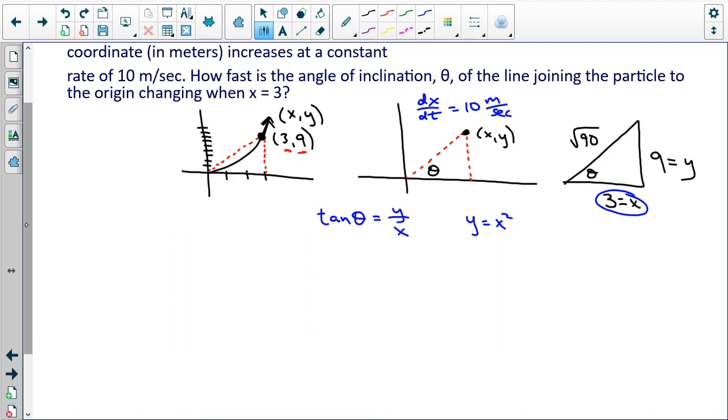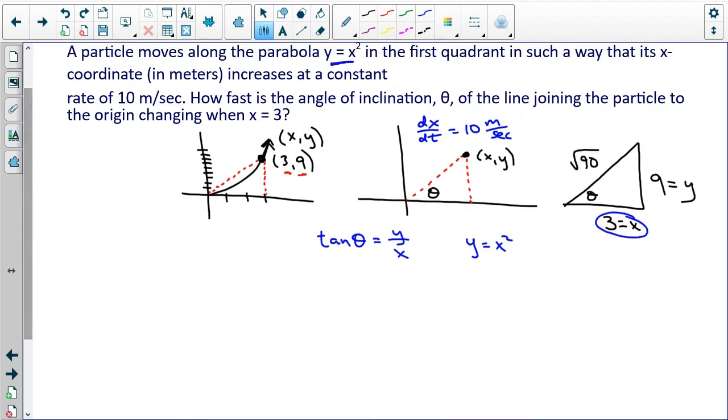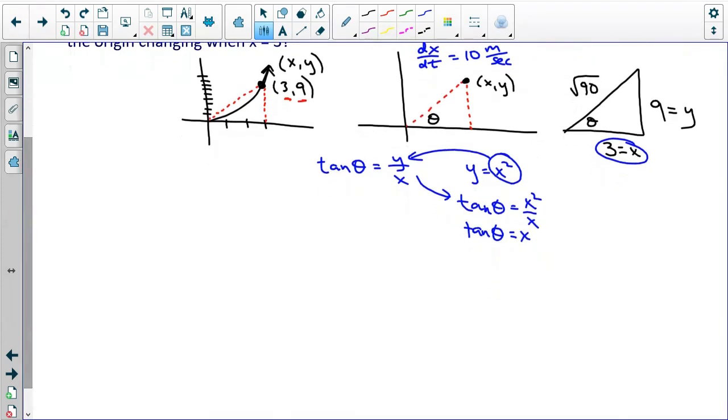So because y equals x squared, we're talking about this parabola. Since y equals x squared, I can replace y with x squared. So I have tangent of theta equals x squared over x, which means that tangent of theta is equal to just x. So now I have a function that I can take the derivative of.